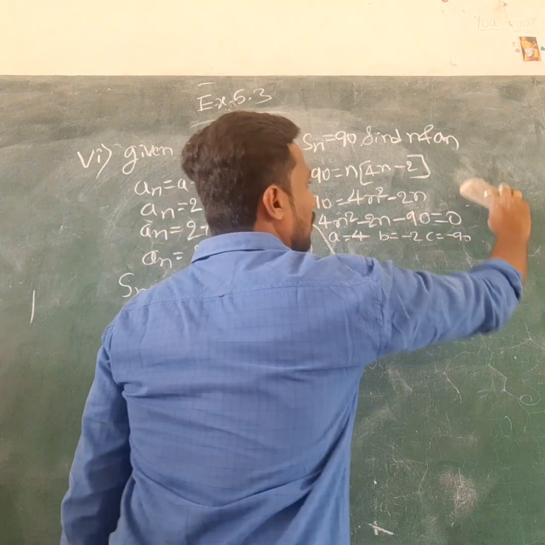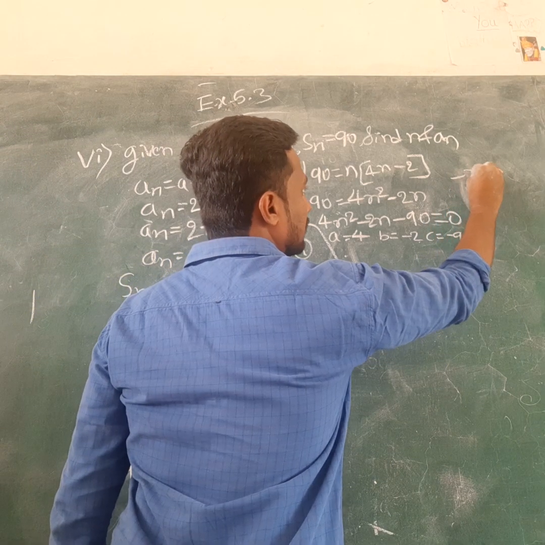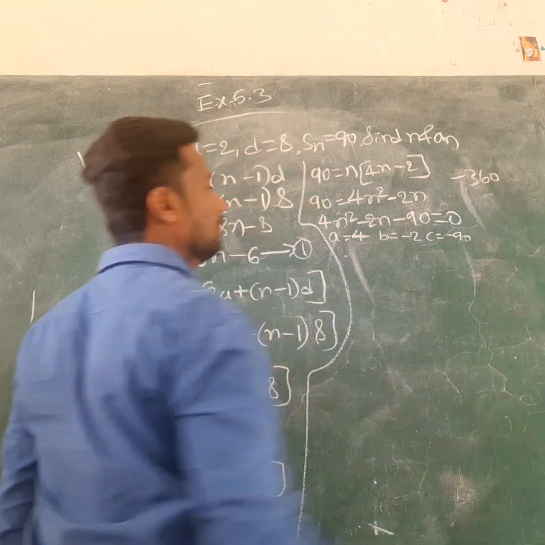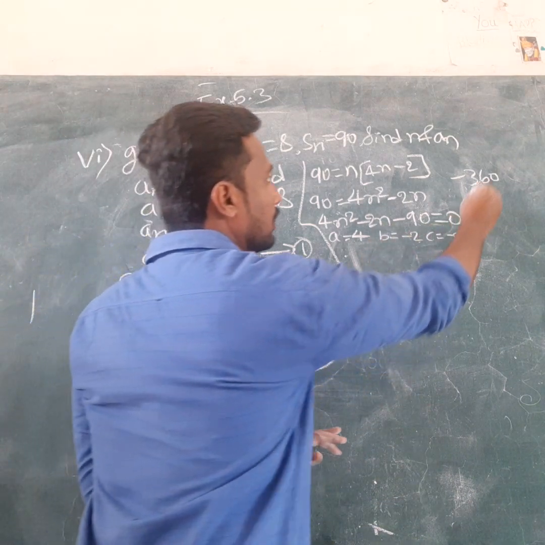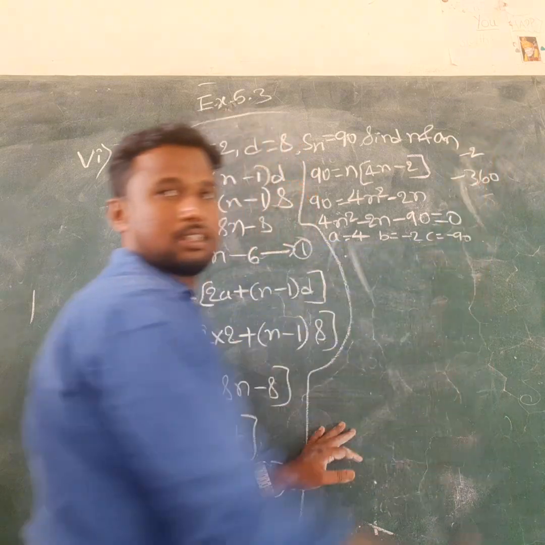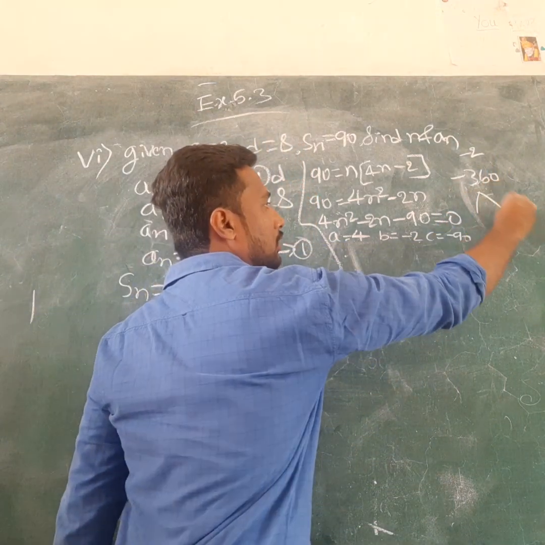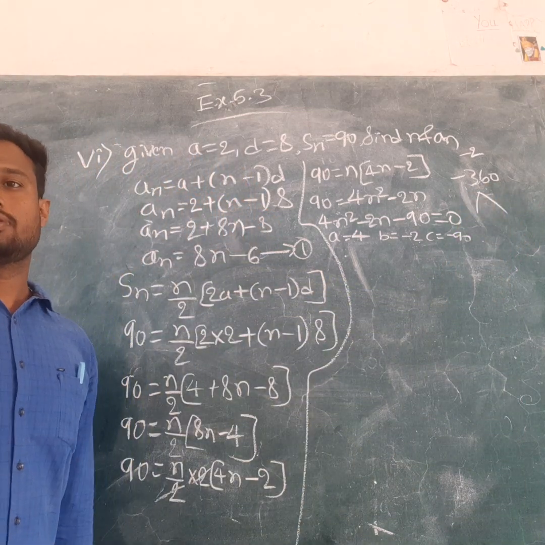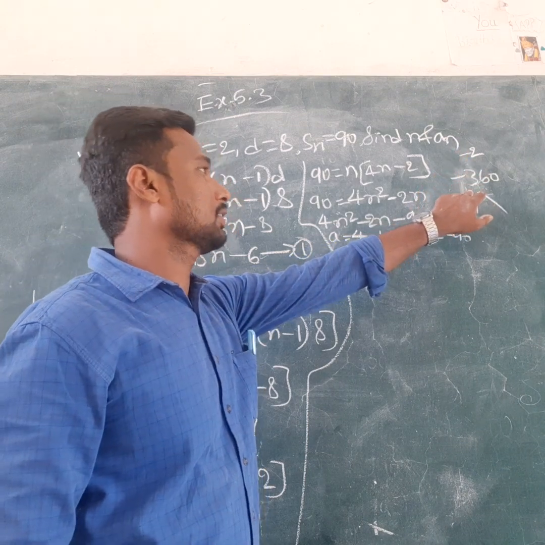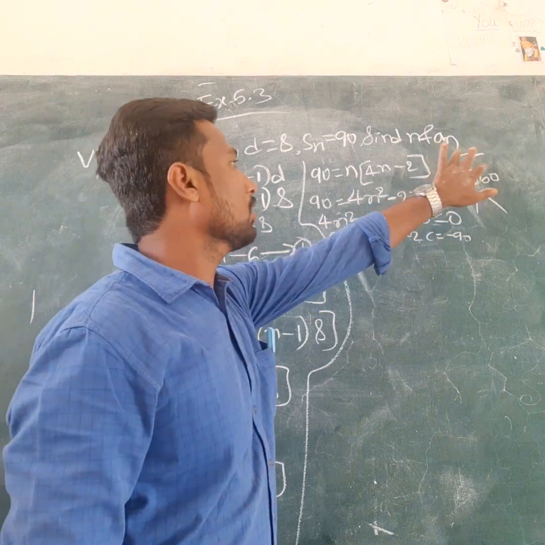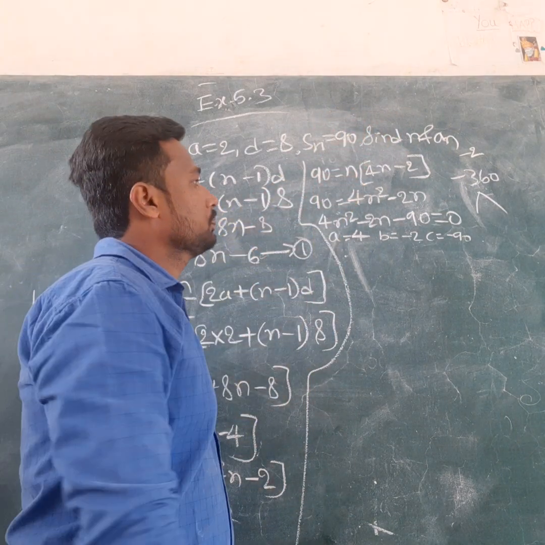When I multiply two factors, I should get minus 360, and when I add or subtract, I should get the b value. What is the b value here? Minus 2. So what are the two factors?